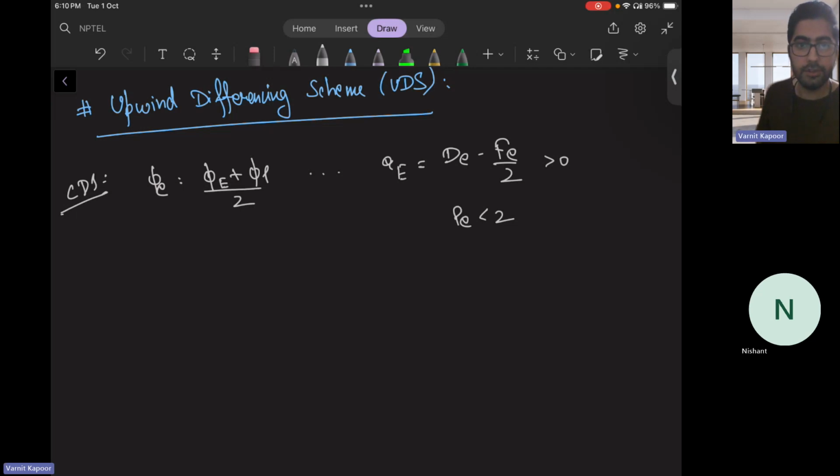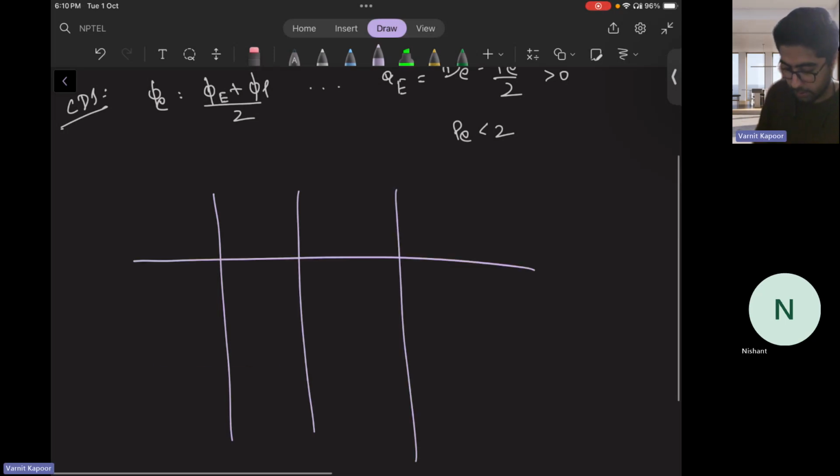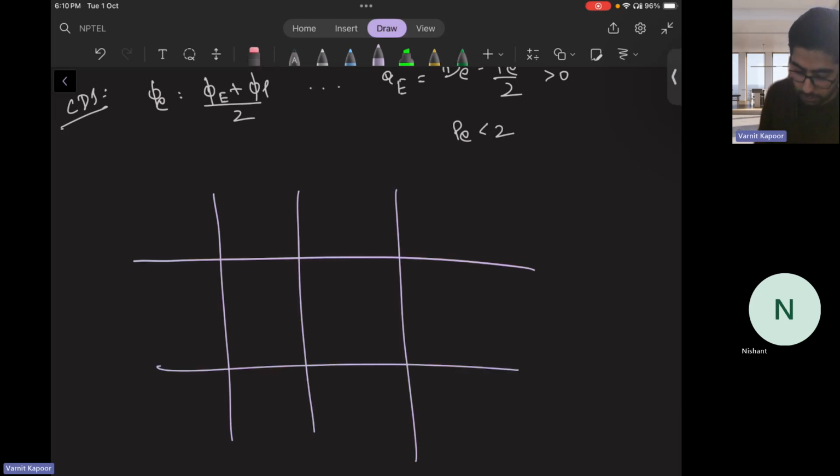In this upwind differencing scheme, the first thing is that you need to understand the flow direction. Suppose I have a grid like this, and this is my cell under consideration. This is the E node, and this is your east face.